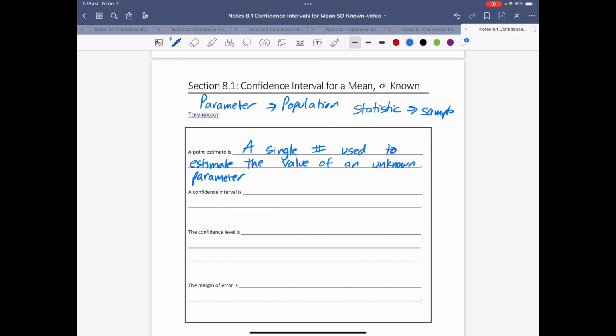All right, I always want to estimate mu. Now, the confidence interval is an interval that is used to estimate the value of a parameter.